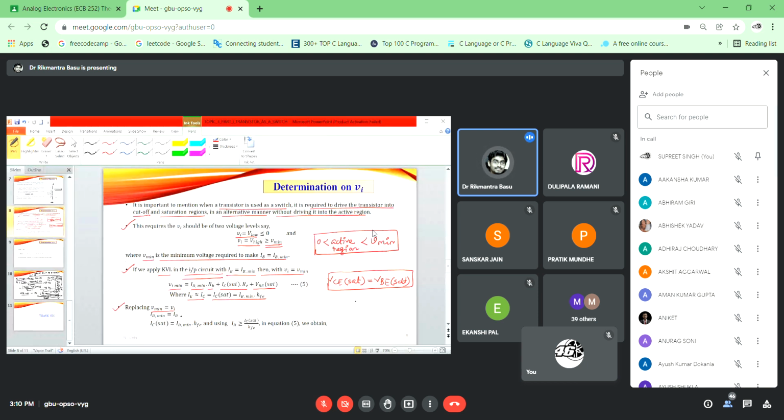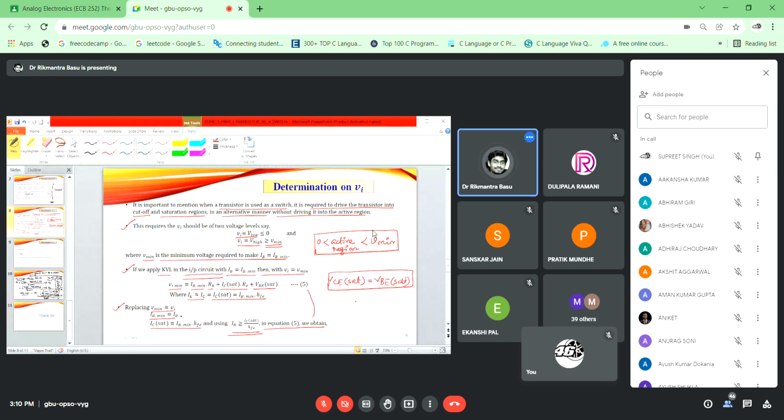Replacing the VI minimum with VI just to save writing effort, IB minimum equals IB. We can write IC sat equals IB minimum of HFE, and using the condition, now it cannot be equal. So IB is greater than or equal to IC sat by HFE.